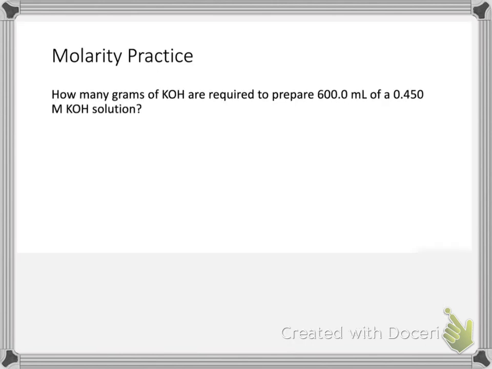Okay, so let's do one more. Then we'll be done with the calculation. This is the last thing for chapter 14. So it says, how many grams of KOH are required to prepare 600 milliliters of a 0.54 molar solution? Okay. So in this problem, I know the concentration.